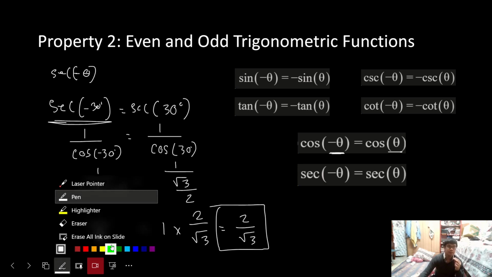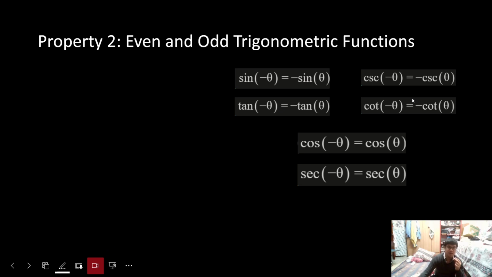So overall, these are the properties of a trigonometric function in terms of its even and odd function. This is actually very useful if you're having a hard time getting the value of a trigonometric function. So, for example, let's just say you have sine of negative 210 degrees.